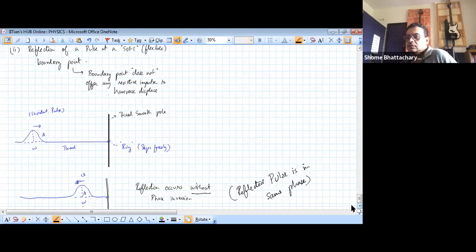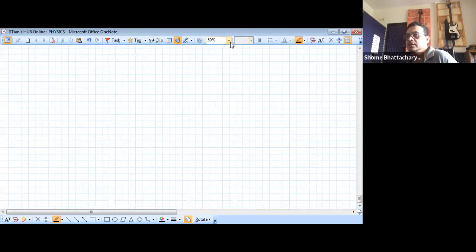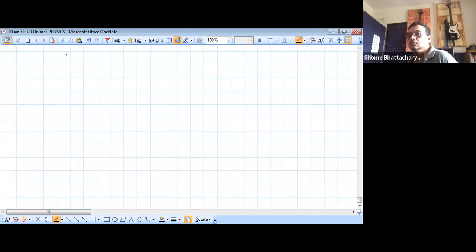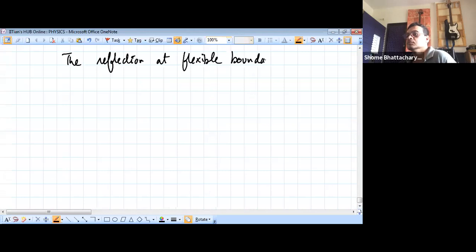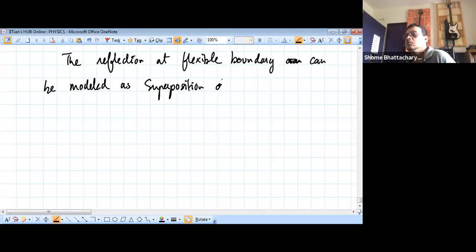Okay, so now to understand the shape thing in more detail, you'll understand that here the reflection at the flexible boundary can be modeled as the superposition of pulses 1 and 2 as below.